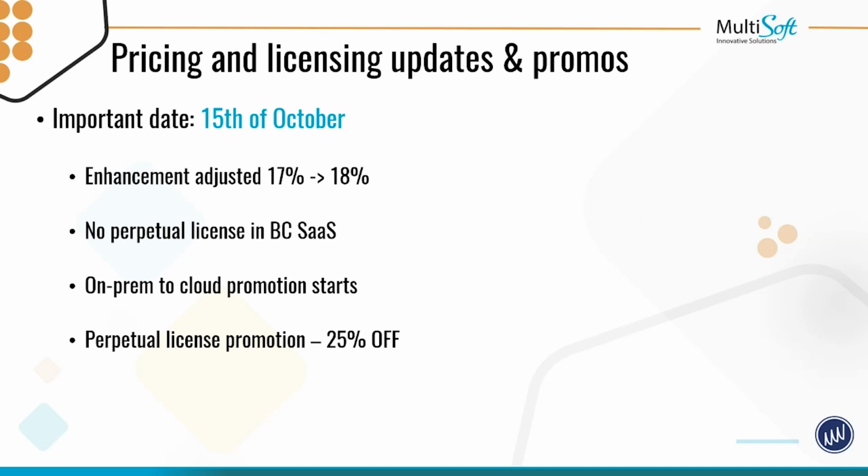And again, just a friendly reminder: after the 15th of October, you won't be able to have a perpetual license in Business Central SaaS. So if your client is still considering perpetual licensing and will move to SaaS, or is already in SaaS, you can license in the perpetual model until the 15th of October.